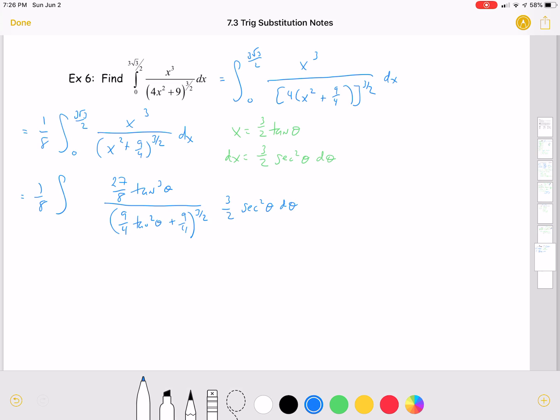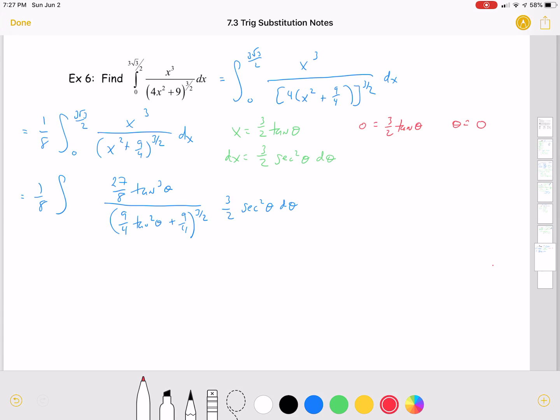Now let's go ahead and start taking a look at these bounds, because we do have to change the bounds. So remember, I am plugging in 0 and 3 cube roots of 3 over 2 in for x, and we'll solve that. So I'm going to plug 0 in. I could divide both sides by 3/2, and that gives me that tangent theta equals 0. And that's going to be when theta is 0.